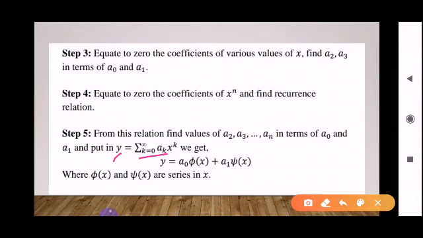After getting dy by dx, d2y by dx square and y, put all values in the given differential equation, expand that series and equate the coefficients of the constant term, then x, x square, x cube up to x raised to n from LHS and RHS. After that find all constants, that is a2, a3, a4 up to an in terms of a0 and a1, and after getting those values put them in the solution and then write the final solution in the form y is equal to a0 phi of x plus a1 psi of x.